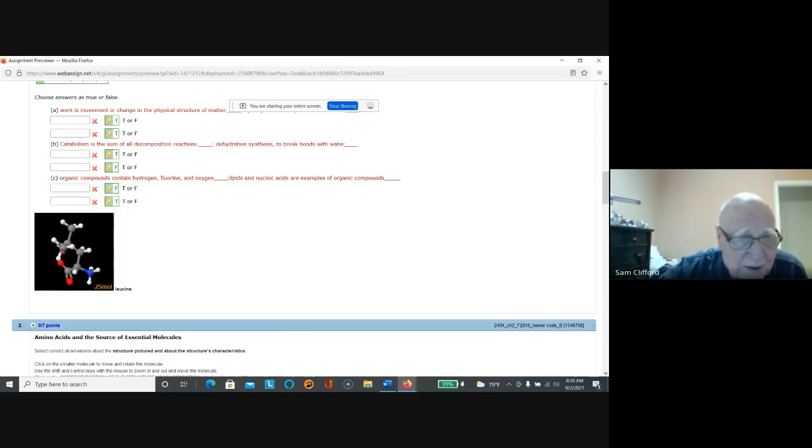Other amino acids may have different groups attached here. So this is carbon and hydrogen. So carbon and hydrogen makes up a waxy, oily type of properties of this molecule. So this is hydrophilic, this is hydrophobic, this is the carboxyl group, this is the amino group.